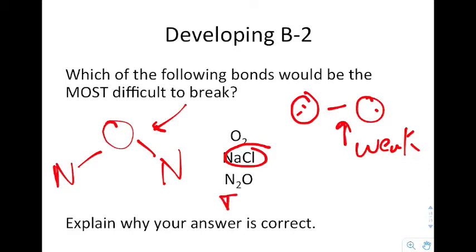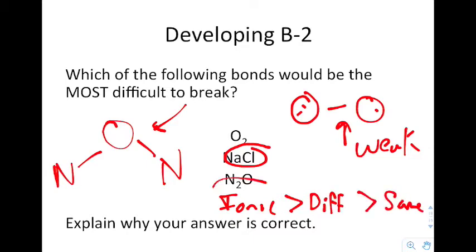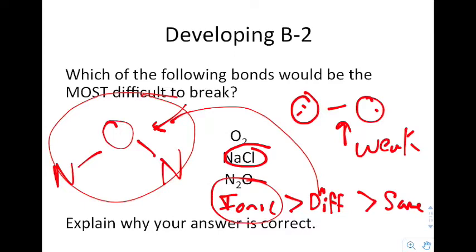It always goes ionic is greater than different, and then different is greater than same. Whenever you have an ionic bond, that always takes precedence. Whenever the atoms are different, that's going to be more difficult to break than something that is the same.